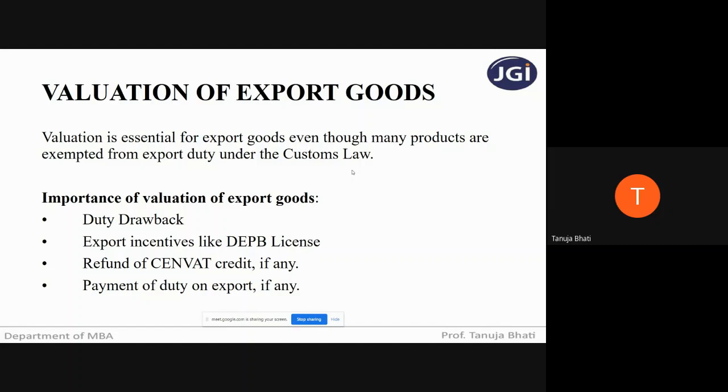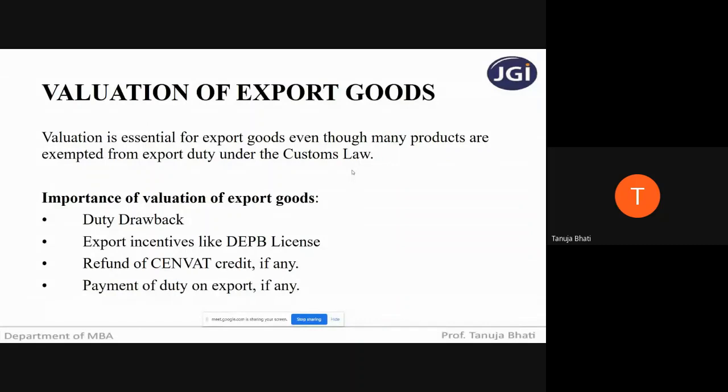Similarly, government aims at promoting the exports because when the exports are being promoted, the business in India is increasing. Since goods from India are moving outside India, the foreign currency is coming into India. Therefore, government wants to promote the exports.